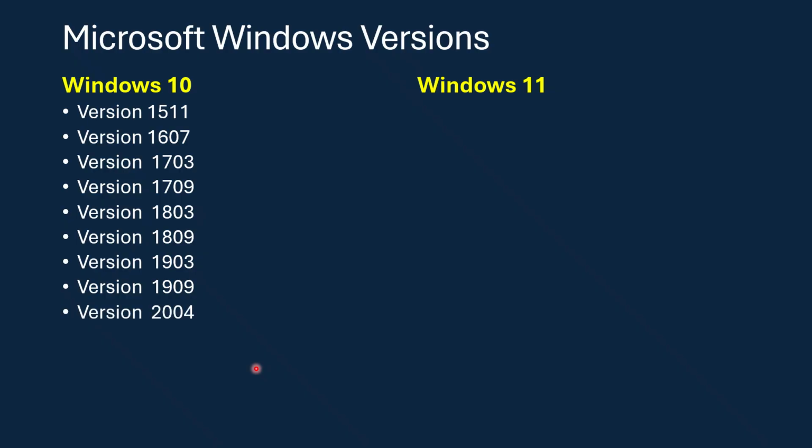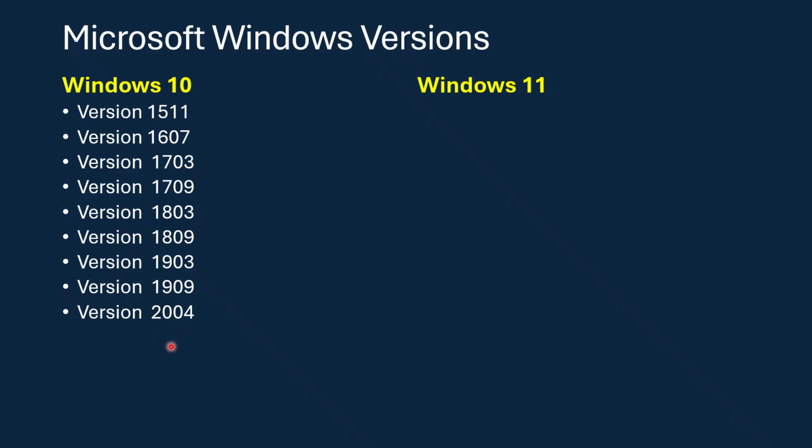These are all versions for Windows 10. Now, in 2020, the first half version was 2004, which means 2020, and in April.